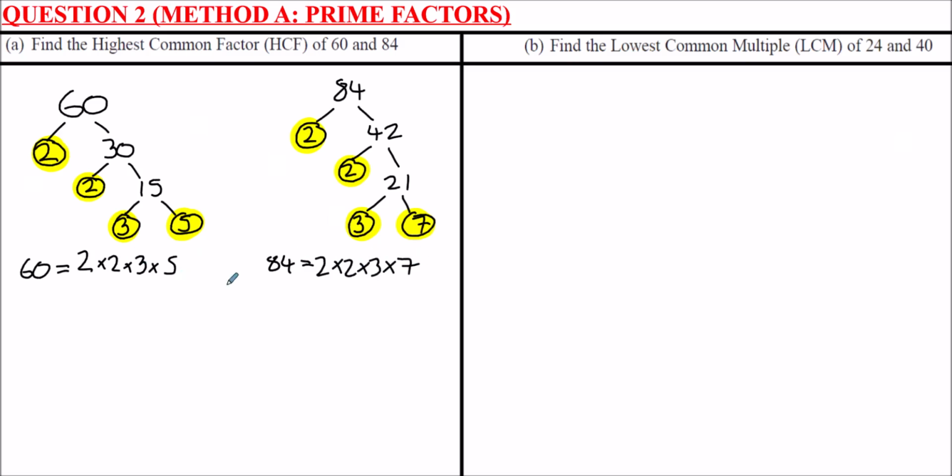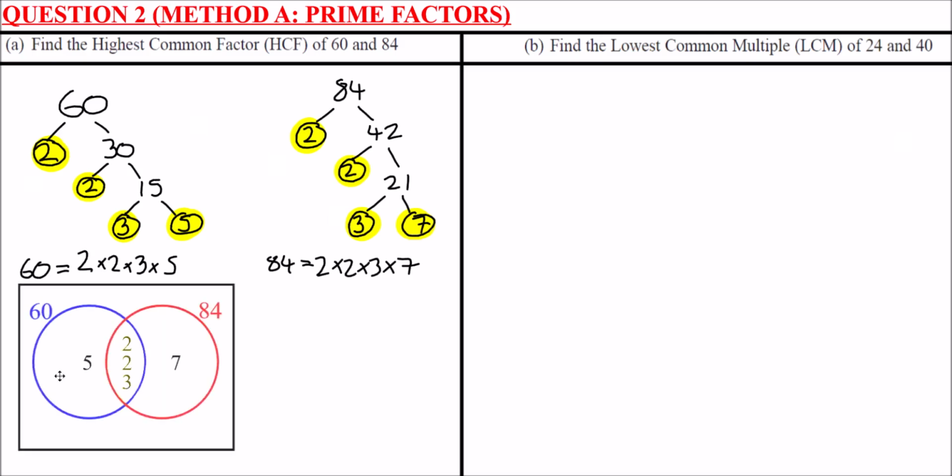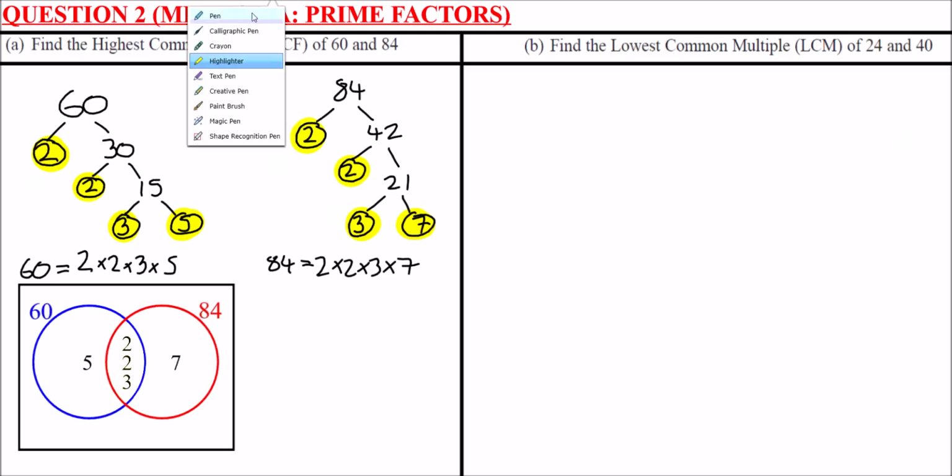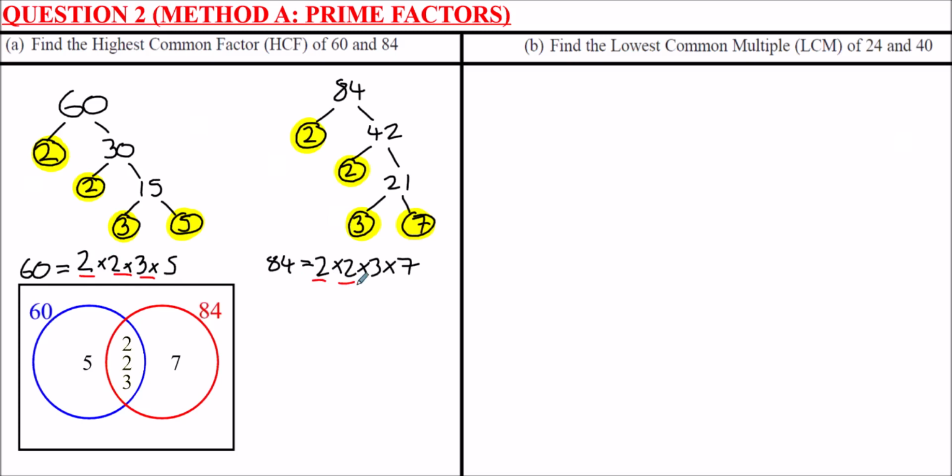We then put these values into a Venn diagram, like so. So we have circles for 60, and then a circle for 84. And then what we do is the factors which are in both, which we can see here, we've got a 2 in each, another 2 in each, and a 3 in each. The factors in both go in where the circles overlap.